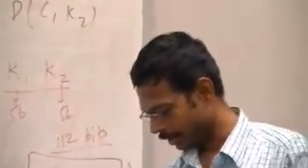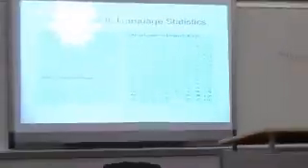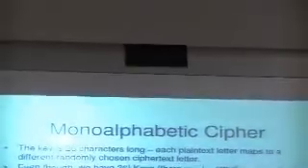We know that E appears 12% of the time, which means if you use a monoalphabetic substitution cipher, what should appear 12% of the time in the ciphertext? Yes, because E is in the plain text, it should appear close to 12% of the time. But here you are substituting E with F. So as a cryptanalyst, you have access to what? The ciphertext.